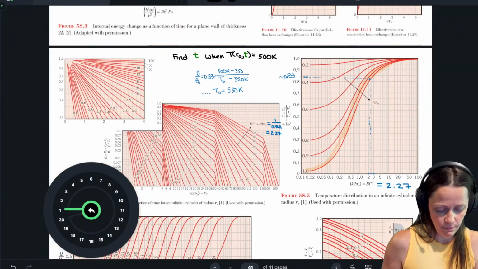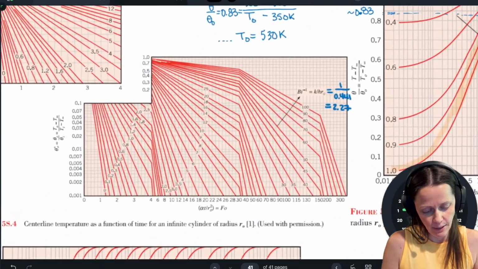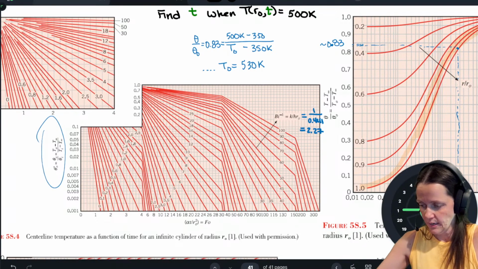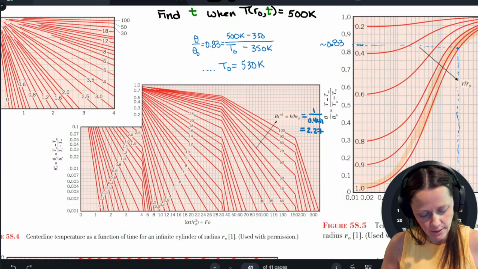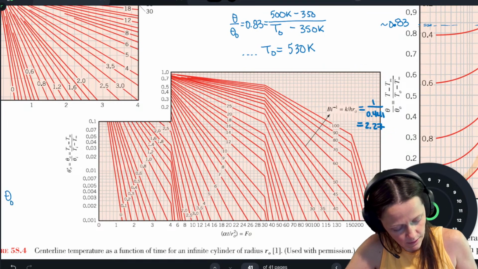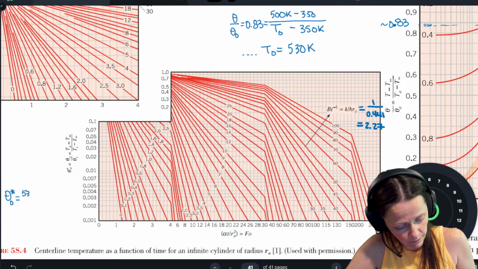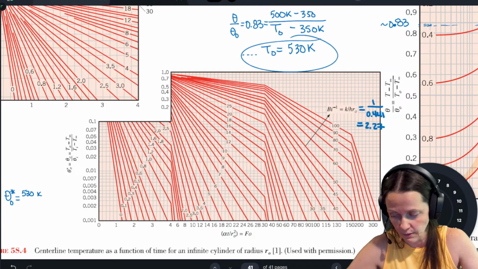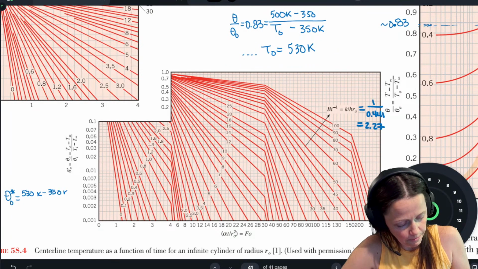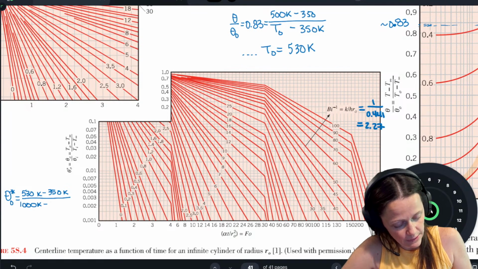So now that I know that, I've got enough information to calculate this. I've got a theta naught star, which is going to be apparently 530 Kelvin, right? 530 Kelvin minus T infinity over T initial minus T infinity, right?